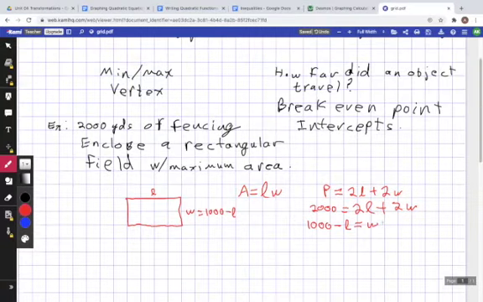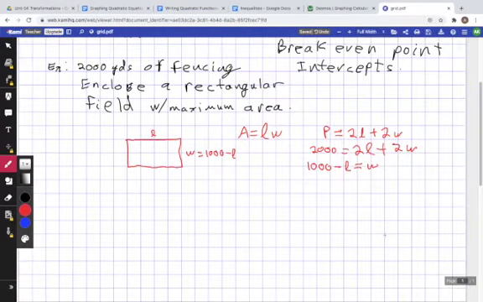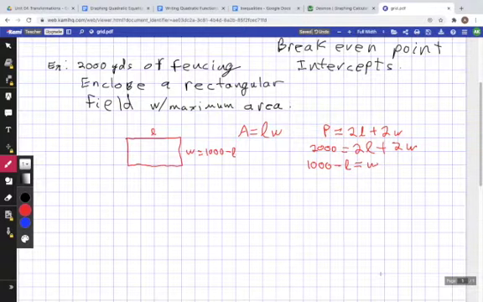Well, how does that help us really? It helps us like this. Because we know the area is length times width, we now know that the area is equal to the length times 1,000 minus the length, which means that our area is equal to 1,000 times our length minus our length squared.